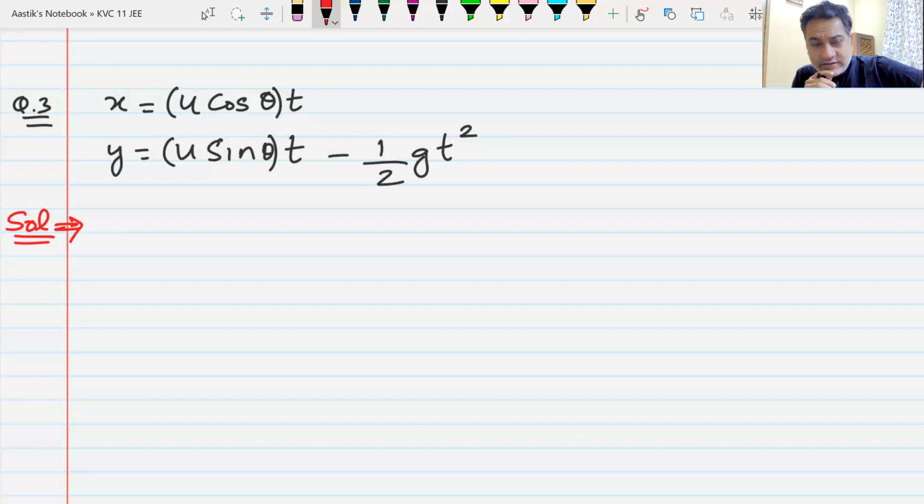It was looking correct. Say it again. Okay, what I need to do? The only unwanted quantity here is t.